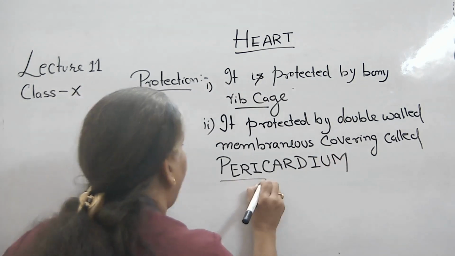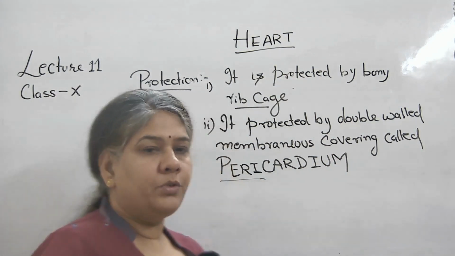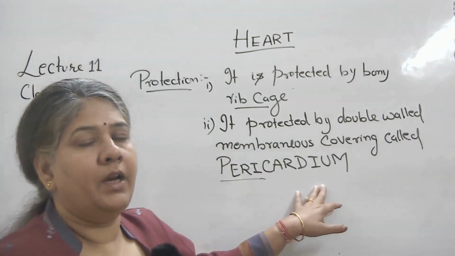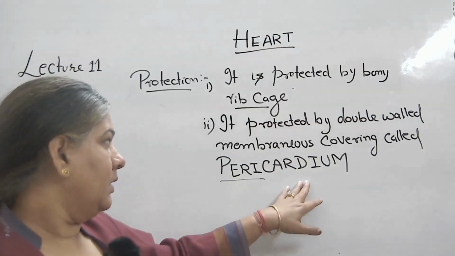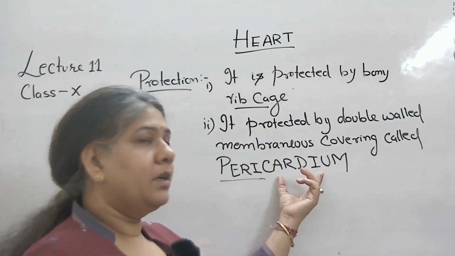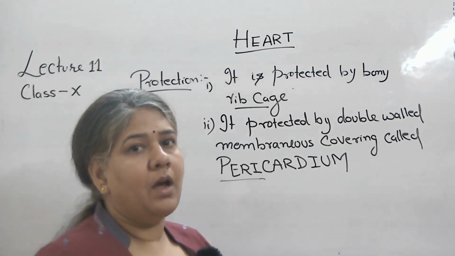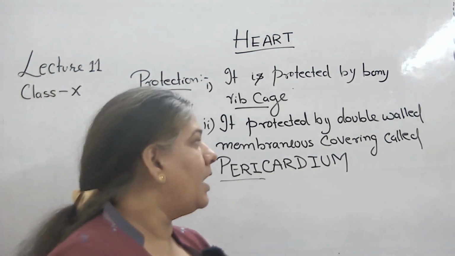See, the word peri comes from perimeter. So peri means outermost and cardium word is related to heart. So cardiac, cardium, wherever you encounter these words suggest that we are talking about heart. So the outermost covering of the heart is called pericardium.